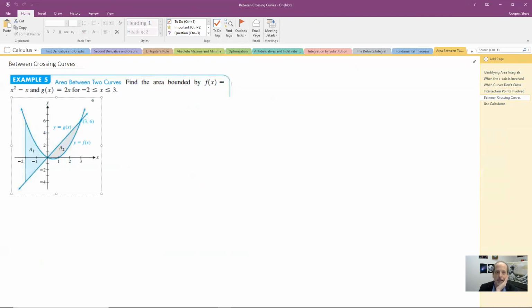So in this case, we're going to split it up and say I need the integral for A1 from -2, but I can't go all the way to 3 because it flip-flops top and bottom, and I always have to start over. So I'm going to end at 0.